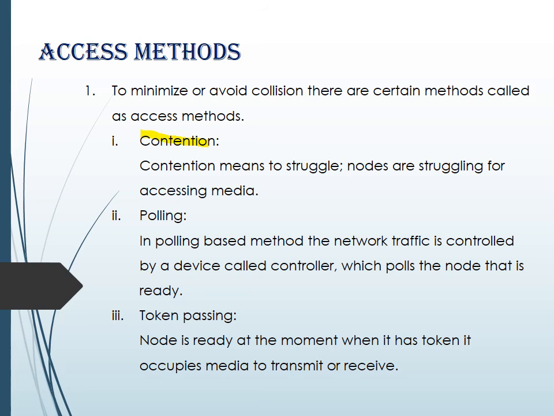But what will happen if computer A and computer B are both sending signals at the same time and a collision occurs? Both computers will wait for a random amount of time and allow each other to send their data.